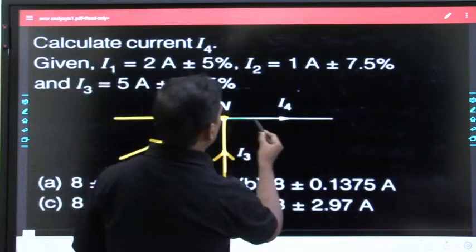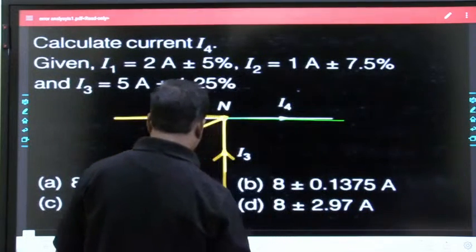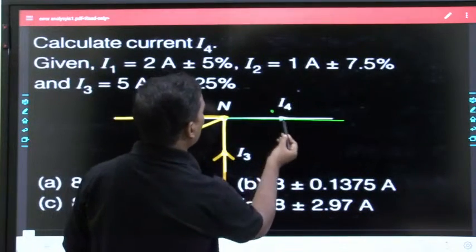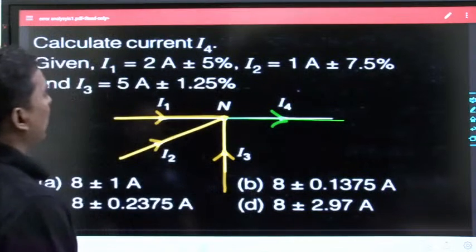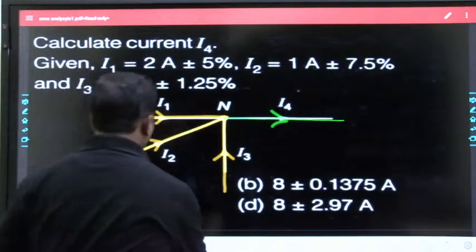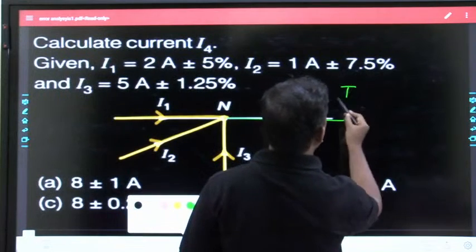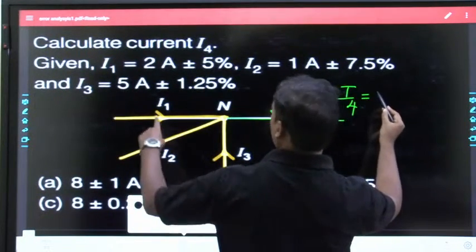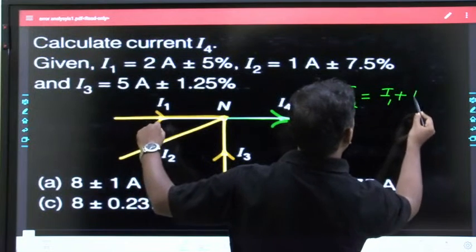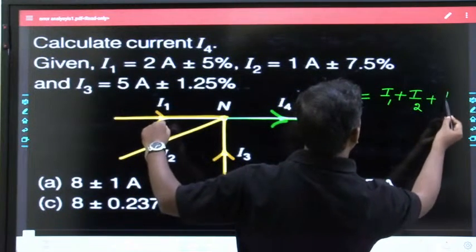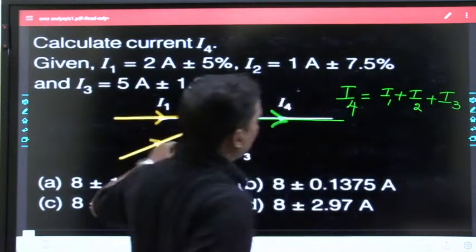According to Kirchhoff's current law, currents entering must be equal to current leaving. So I4 must be equal to I1 plus I2 plus I3.